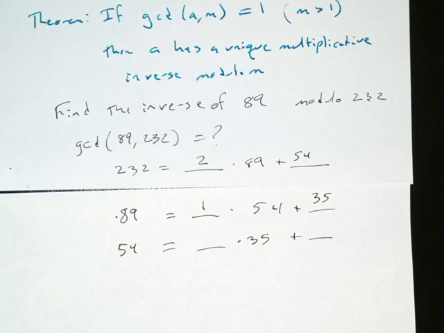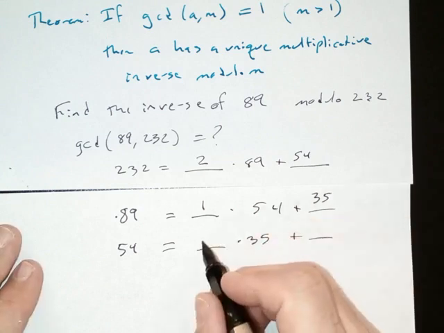I keep going until the remainder is 0. How many 35s with what left over?